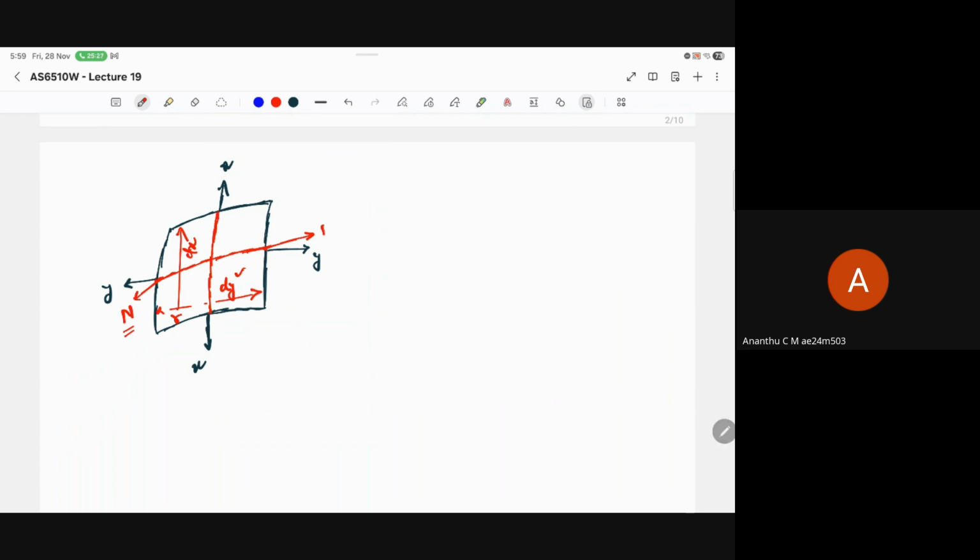So this tension force is going to be N here, and then similarly we are going to have this.